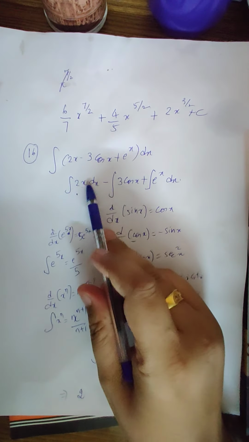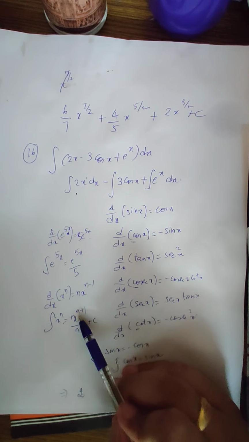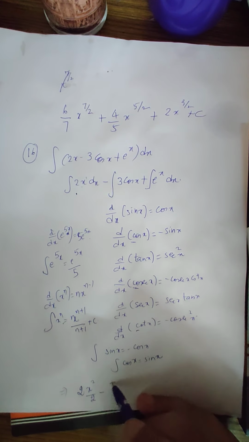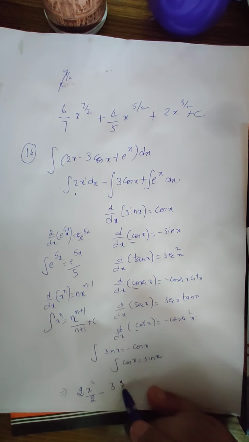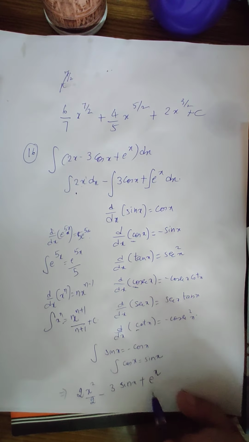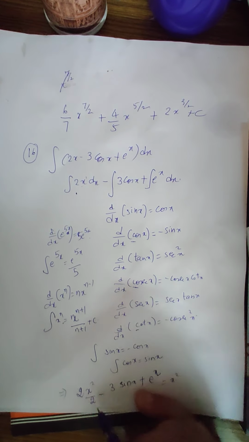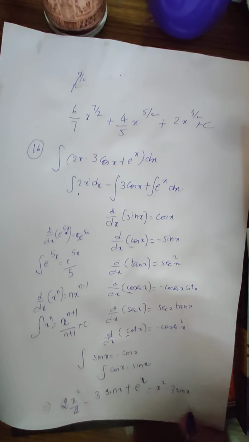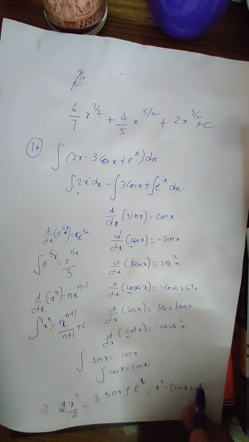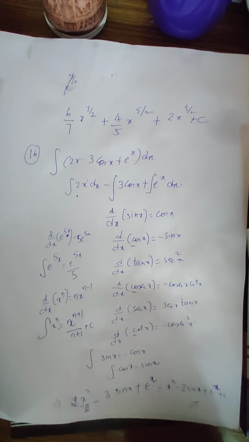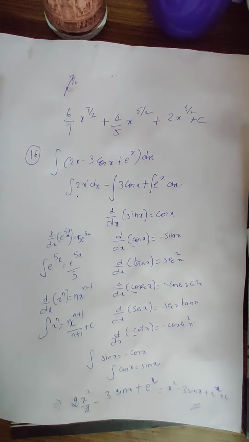So integration of 2x: x power 1 using this formula, 1 plus 1 is x power 2 by 2, minus 3 integration of cos is 3 sin x, plus integration of e power x is e power x. So the 2 will get cancelled: x square minus 3 sin x plus e power x plus c. That is the required answer for that.